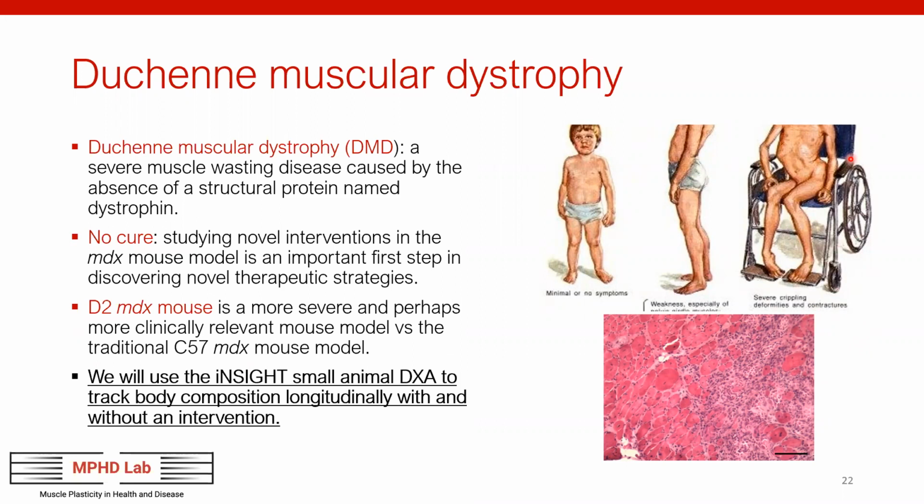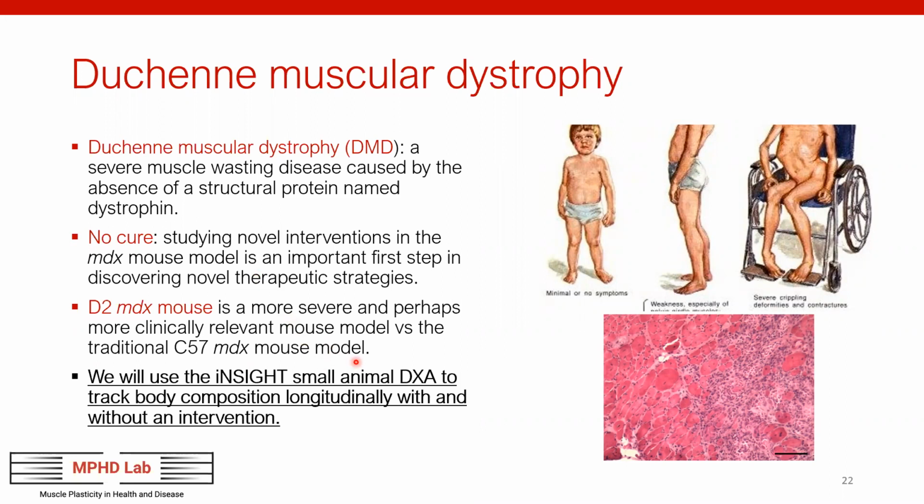And really what we use to study other potential mechanisms or therapeutic strategies are the relevant preclinical mouse models. And in our lab, we study the D2-MDX mouse, which is a more severe and perhaps more clinically relevant mouse model versus the traditional C57BL/10-MDX mouse model.